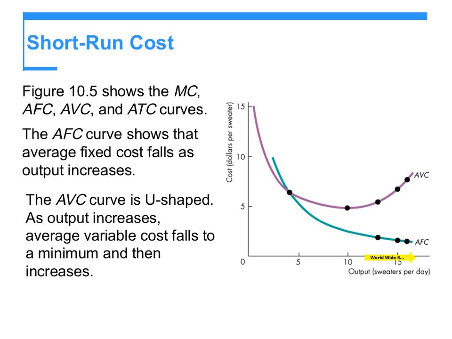Average variable cost is U-shaped. At the beginning, the more you produce, it decreases, but it will start increasing again. Average variable cost falls to a minimum and then increases, as you can see. It falls to the minimum here and then it increases.